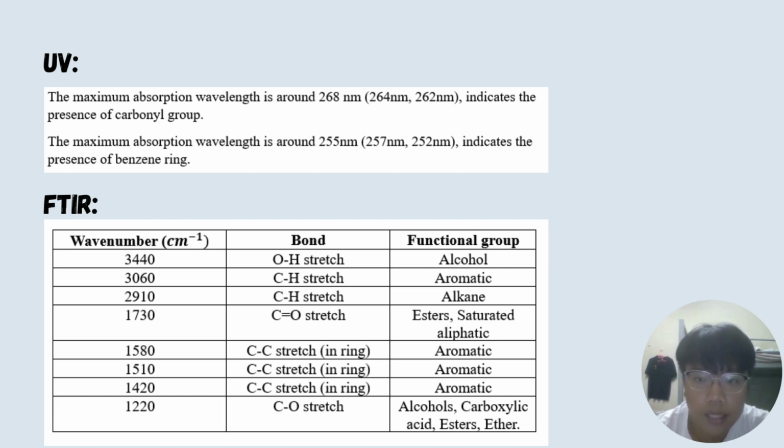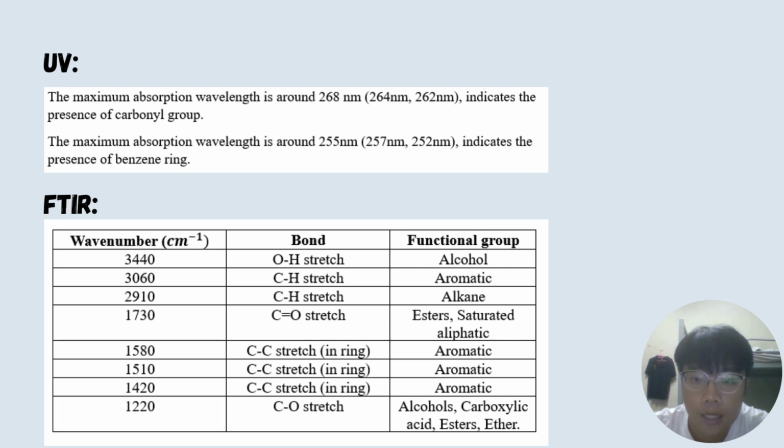So for the FTIR test, we can find that with the different number, it has a different bond and different functional group. As the simpler and easier wavelength we can find is 3440. So this one is the functional group, the alcohol group with the OH stretch.